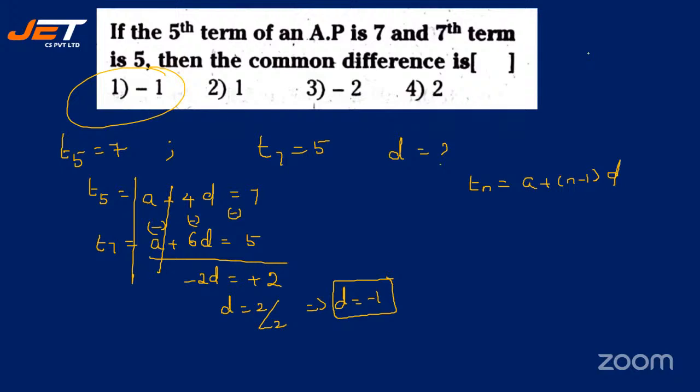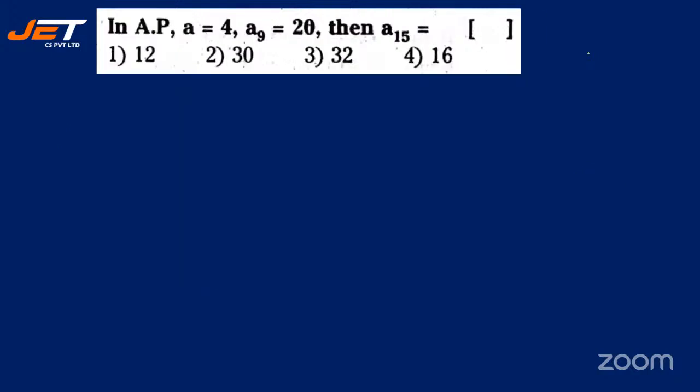All right, so hope you all have noted down this. Let's move on to the next sum. In an AP, A is equal to 4. A9 is 20. So they are asking us what is A15. Before that, what is An? A plus n minus 1 into D. So what is A? 4 plus.